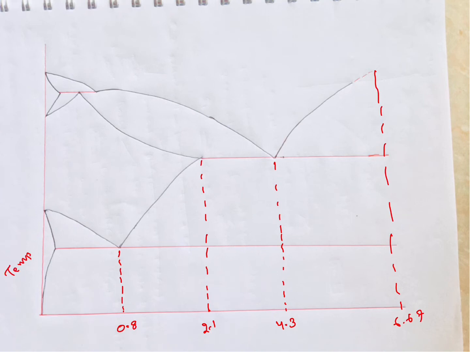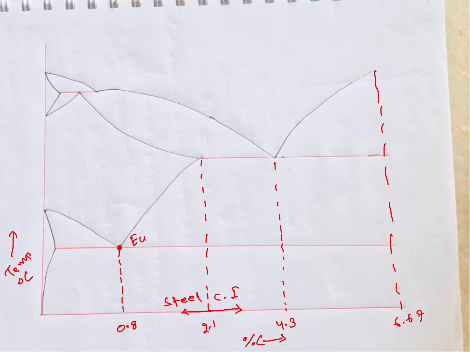Temperature in degrees Celsius here, this side carbon percent. So more than 4.3% carbon, and we know if more than 2.1%, this is cast iron, below 2.1% steel.